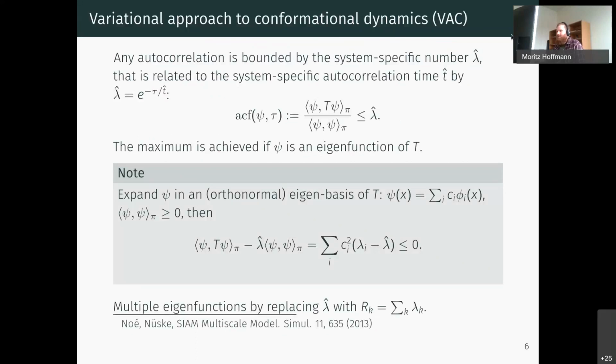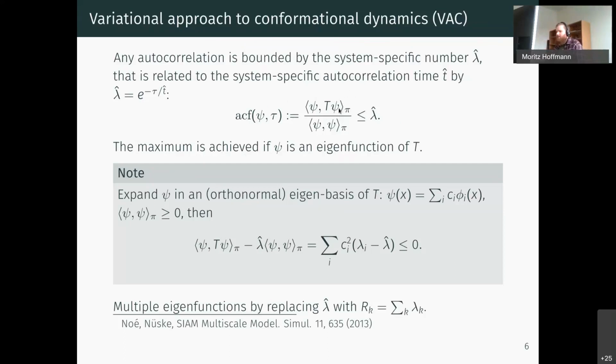And the idea of the VAC is that we can look at the autocorrelation function under a lag time tau of some observable psi, and then we propagate this with our T, with our transition matrix. So there is an underlying propagator that drives the system from one time step to the next.